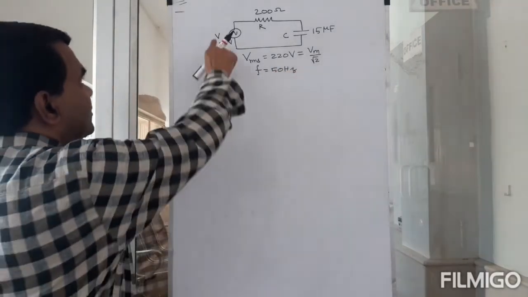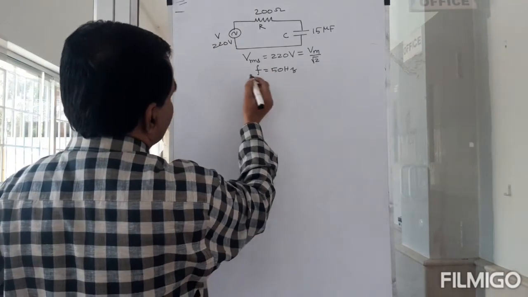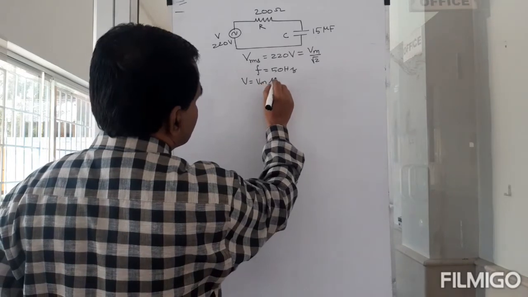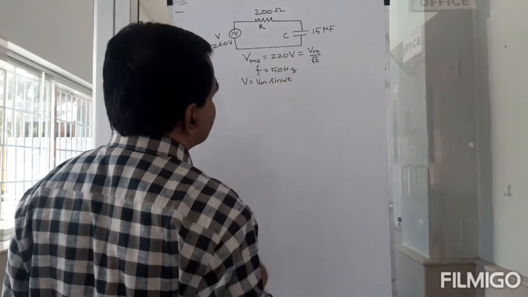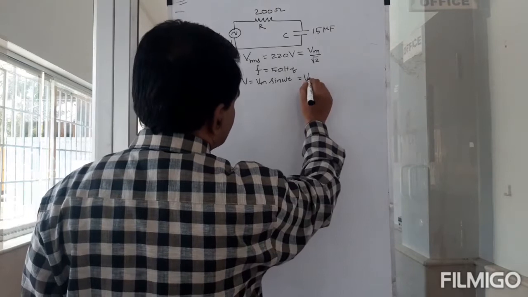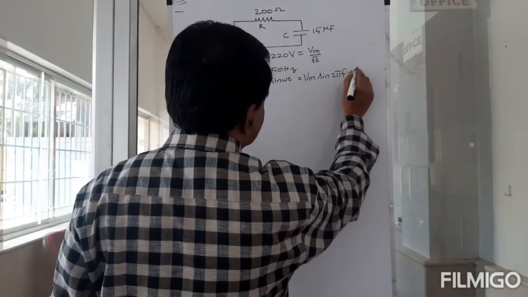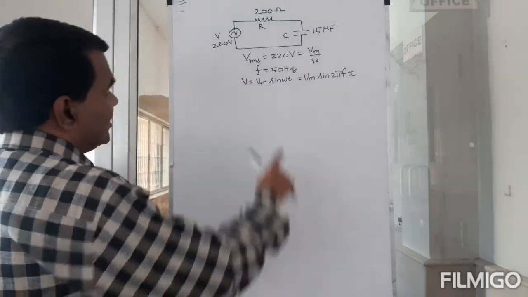If you were to write V as Vm sin omega t, how are we going to write it? V is equal to Vm sin omega t, which is equal to Vm sin 2 pi f t. So what is Vm?